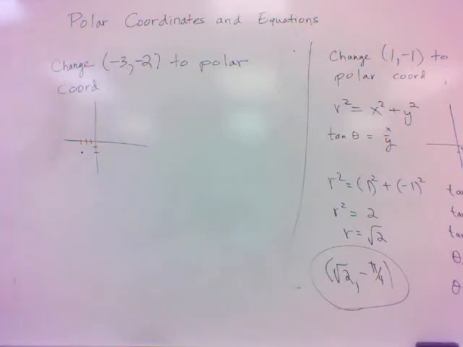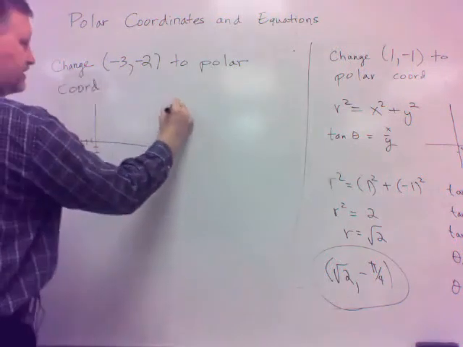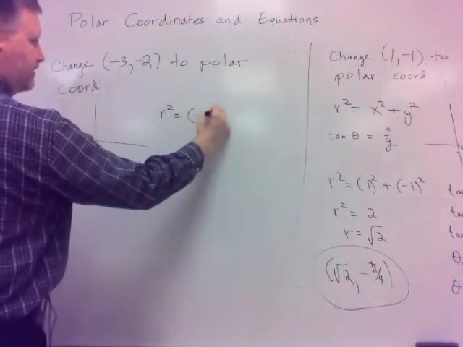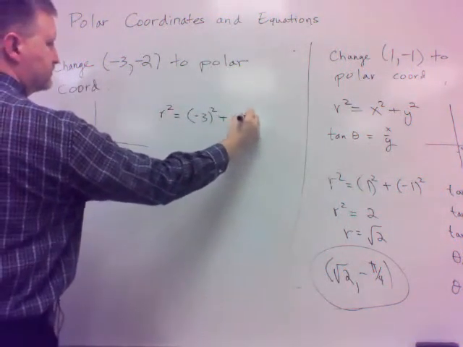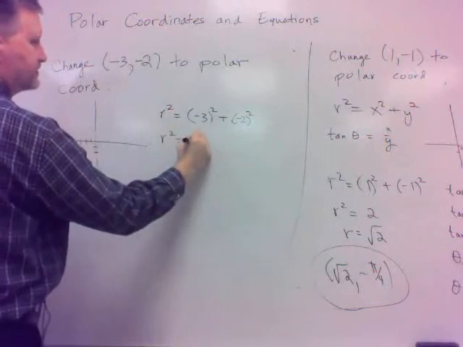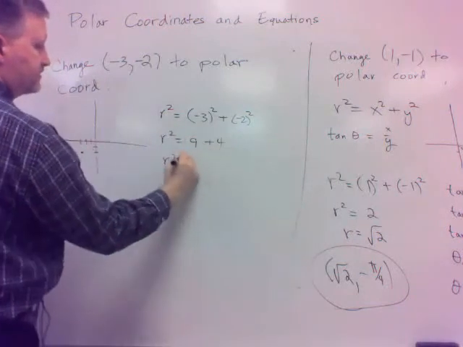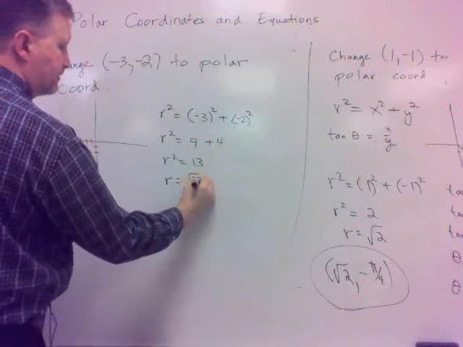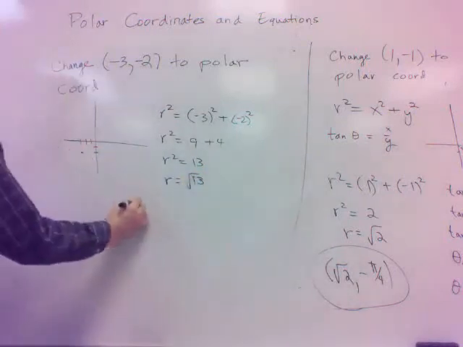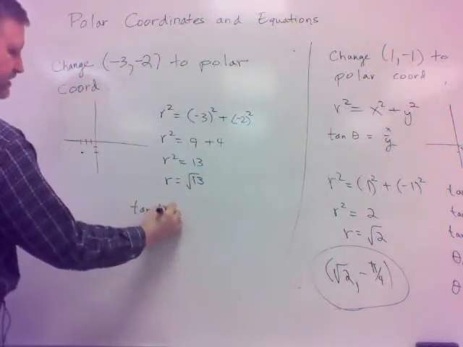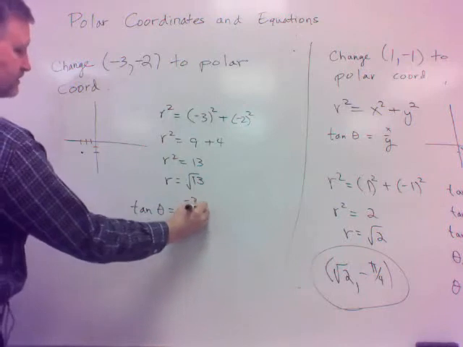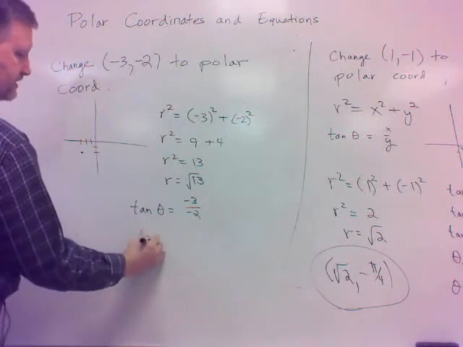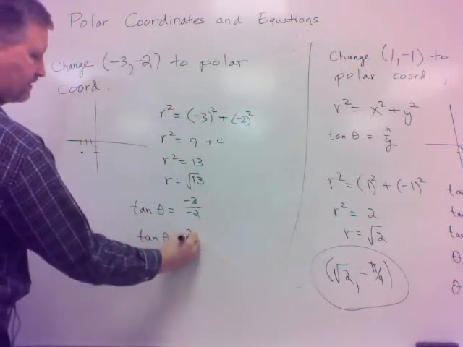Change that to polar. Okay, well, r squared is x squared plus y squared. So that's r squared equals 9 plus 4. That's 13. So that would be the square root of 13 is r. Then the tangent is x over y. So tangent is 3/2.